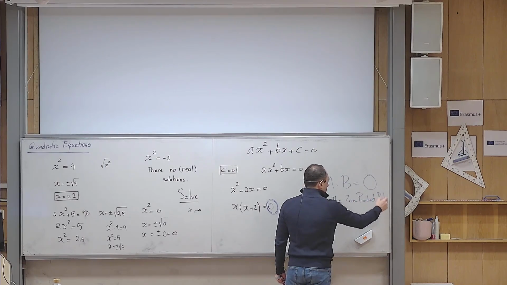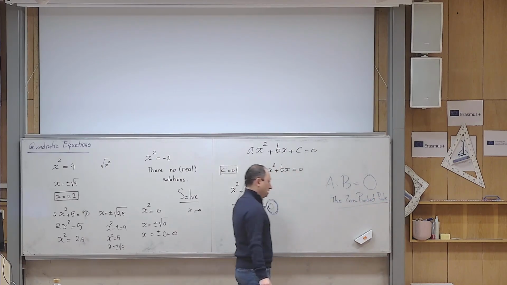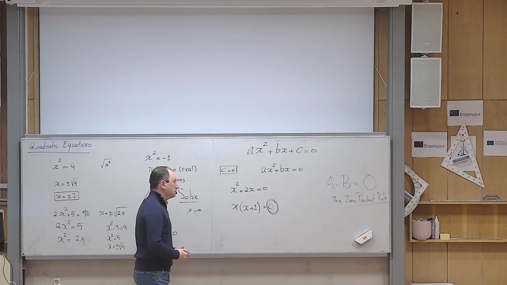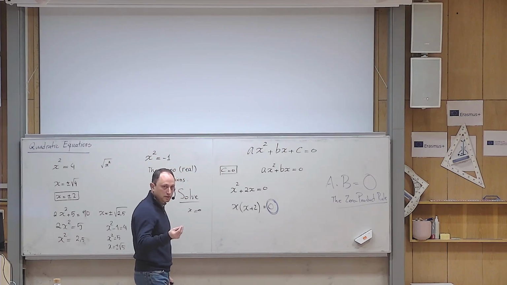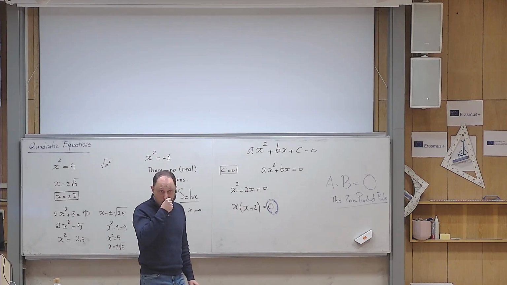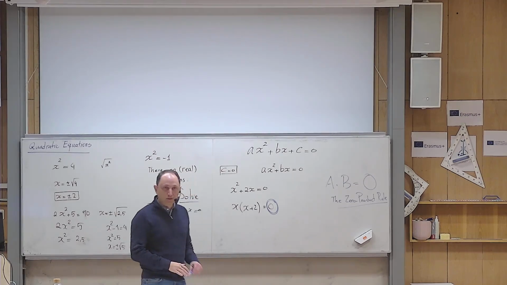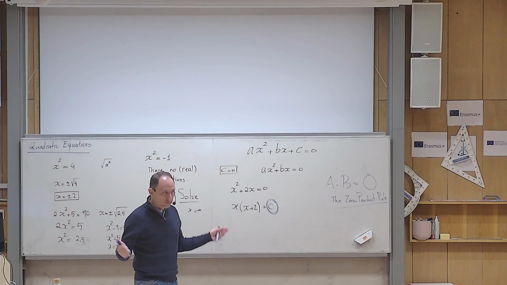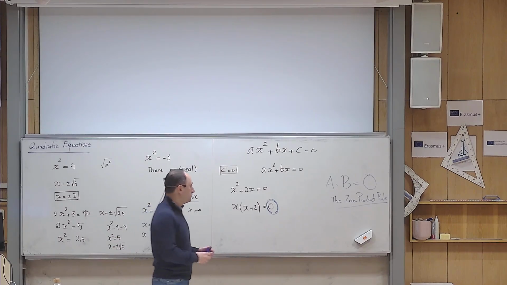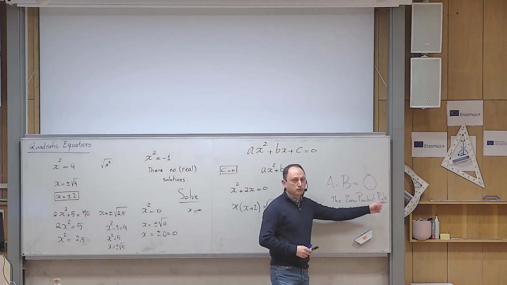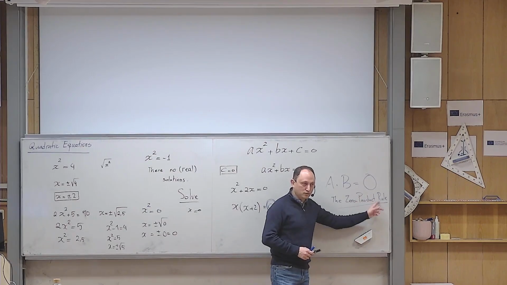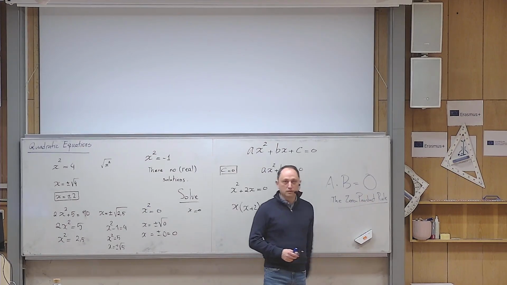So if someone asks you what this phrase means, the phrase is simple. If the product of two or more numbers is equal to 0, then at least one of them has to be 0. Yes? And we do not have a one product rule. We do not have a two product rule. Only the zero product rule.